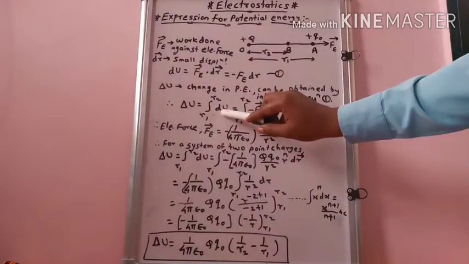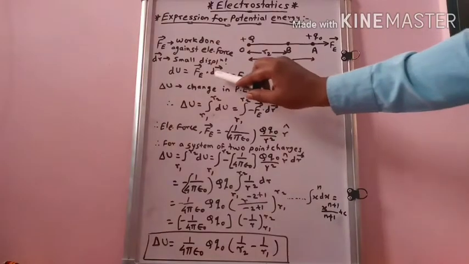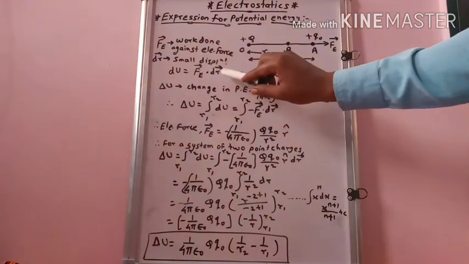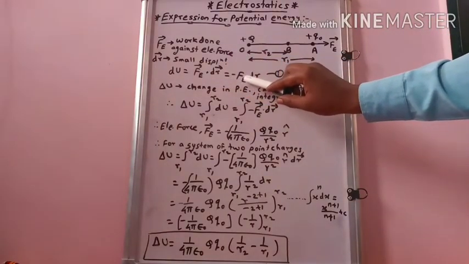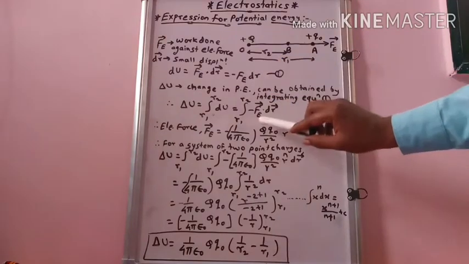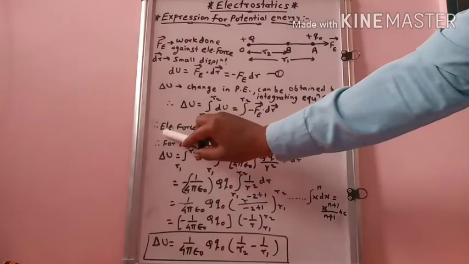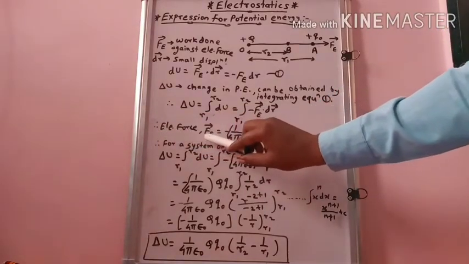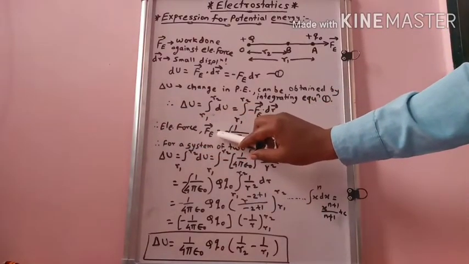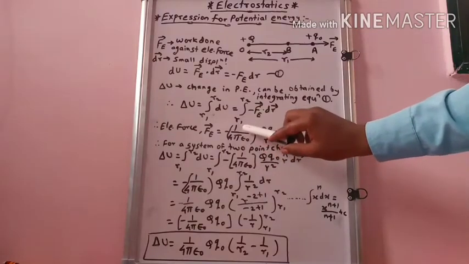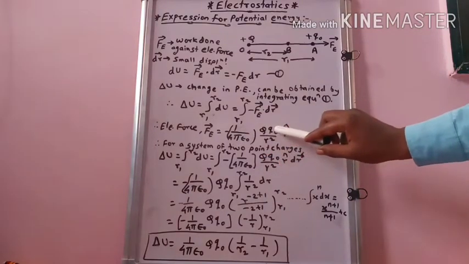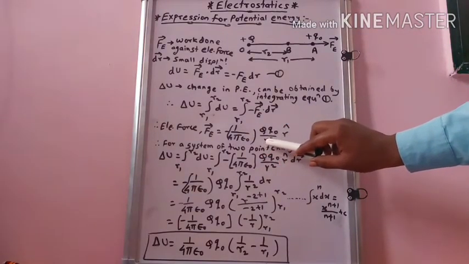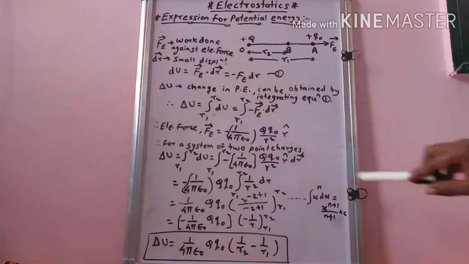You know that dU, Fe vector dot dr vector, is equal to minus Fe dr. Therefore, just put this equation in the integral. Then the electrostatic force Fe vector is given by minus 1 upon 4 pi epsilon naught, q0 upon r square, into r cap.